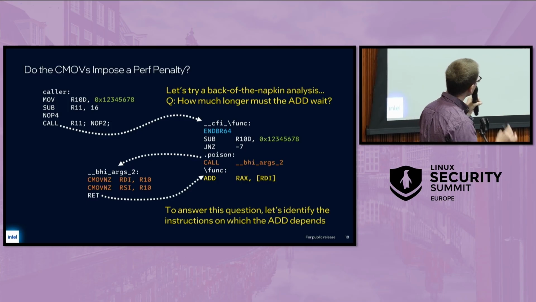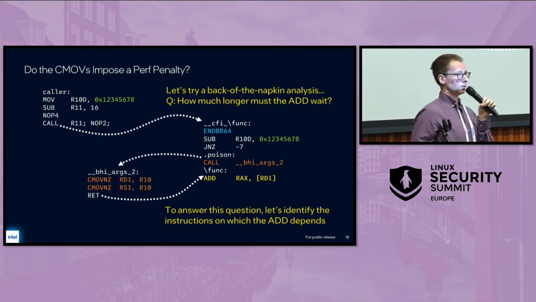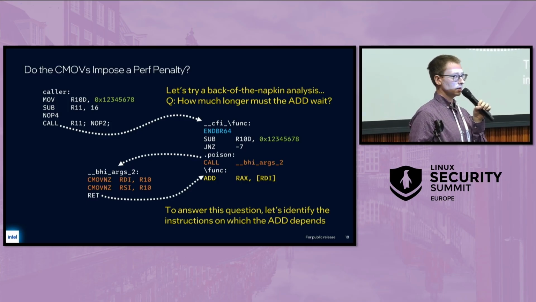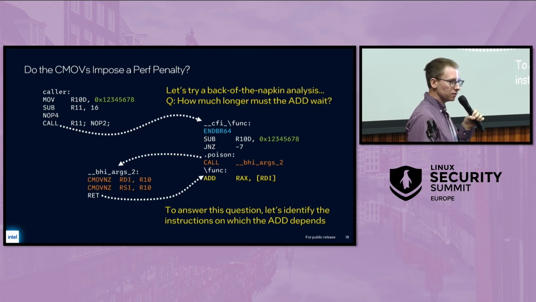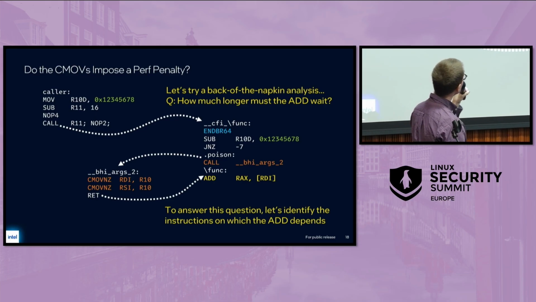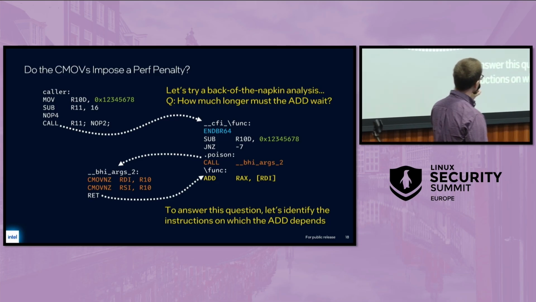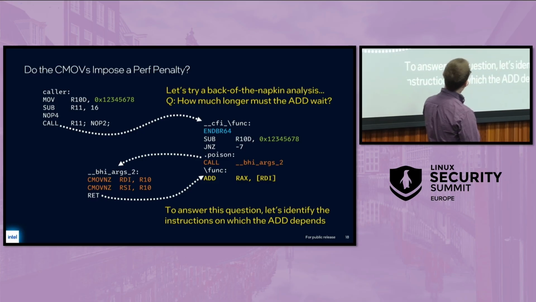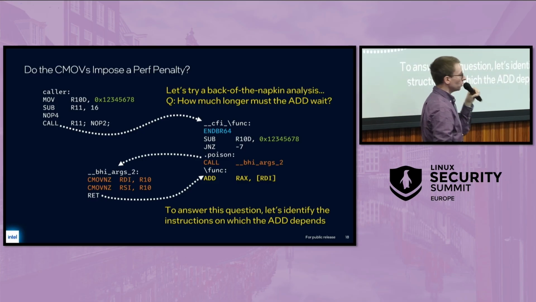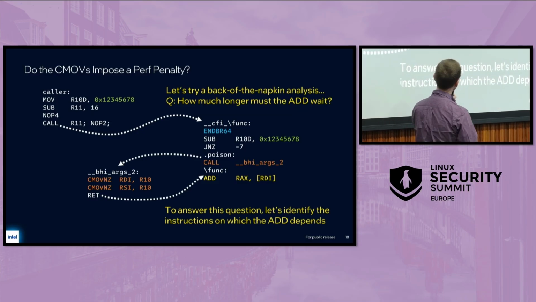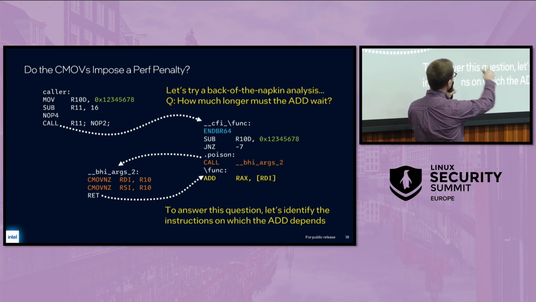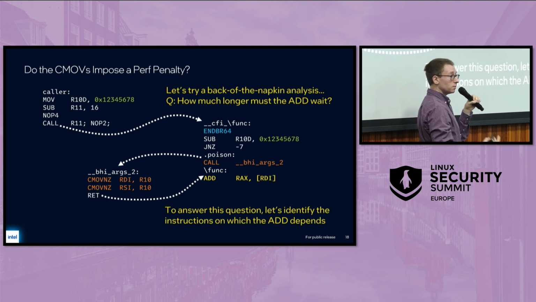And how about performance? How does this actually perform? Is this bad, good? Sometimes it's hard to know, but we can actually do a little bit of back of the napkin analysis. So let's do a little exercise, and suppose that this function that we are hardening with FineIBT plus BHI, the first instruction that it's going to add that's going to perform in the function body is this add instruction.